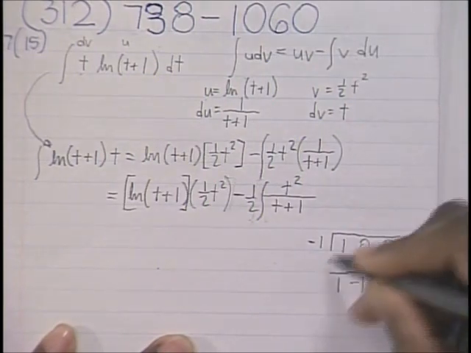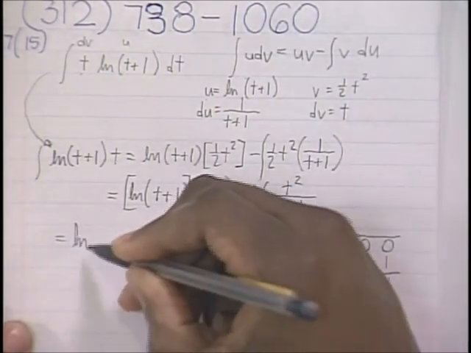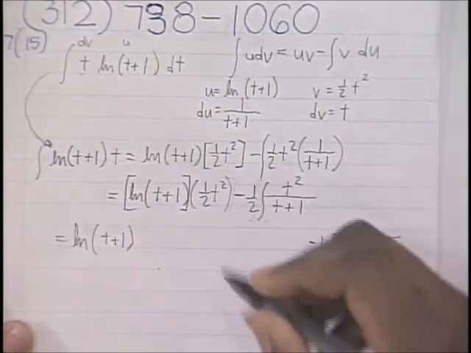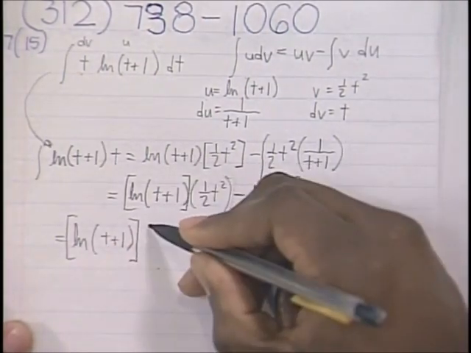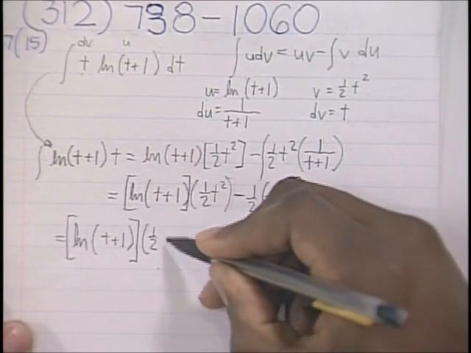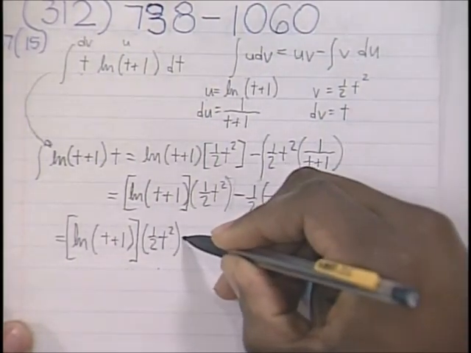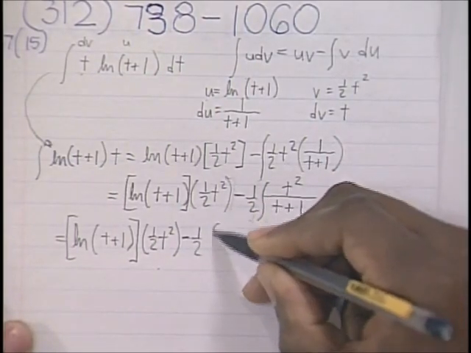So now this simplifies. Let's rewrite this problem. We have the natural log of t plus 1, and then you have half t squared minus half times the antiderivative.